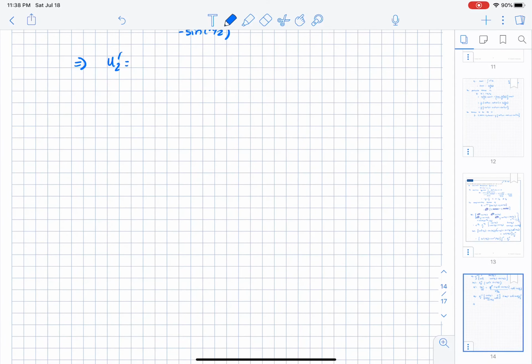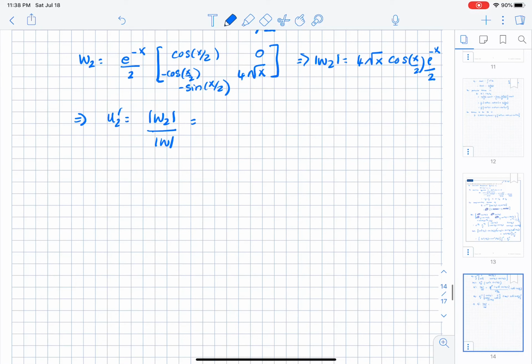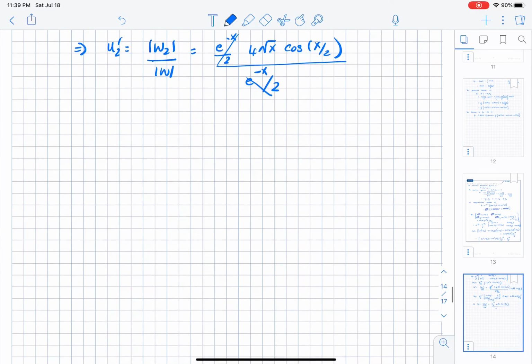U2 prime is the determinant of W2 divided by the determinant of W. E raised minus x over 2, 4 root x cosine x over 2, divided by e raised minus x over 2. Those two would go away. We simply have 4 root x cosine x over 2.